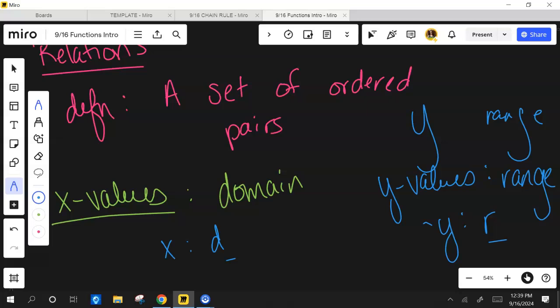Look at the very first example. You've got ordered pairs, a table, mapping, and a graph. So let's start with the ordered pairs. You've got -3, 1.